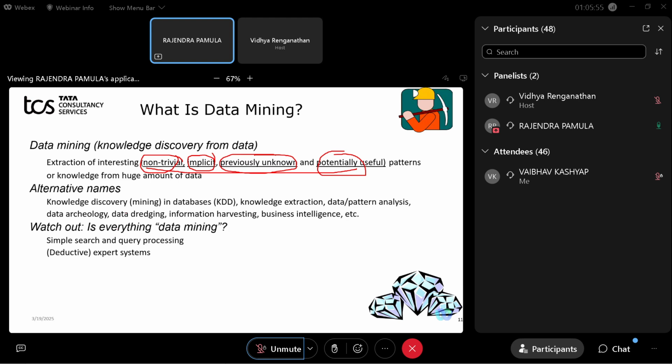There are certain other names available for data mining. Data mining can also be called knowledge discovery in databases, which we call KDD.